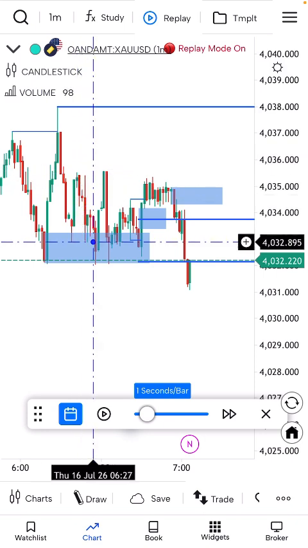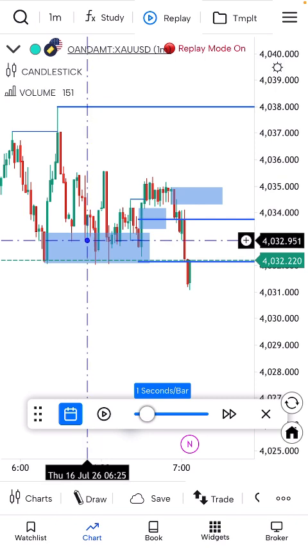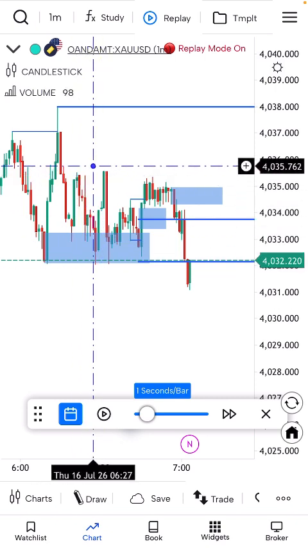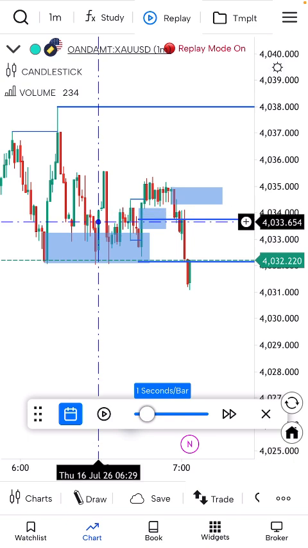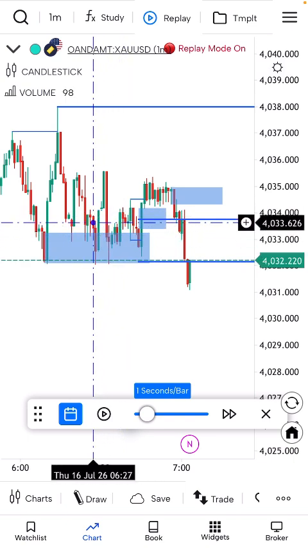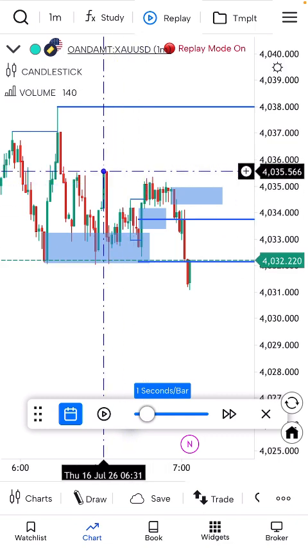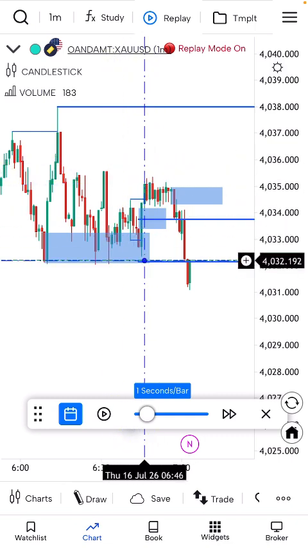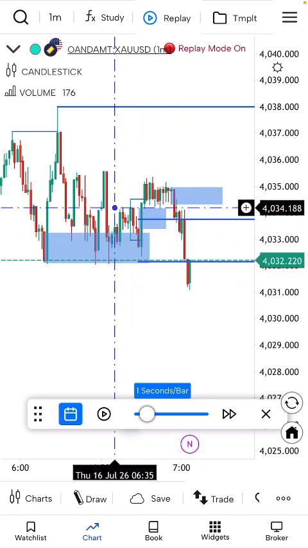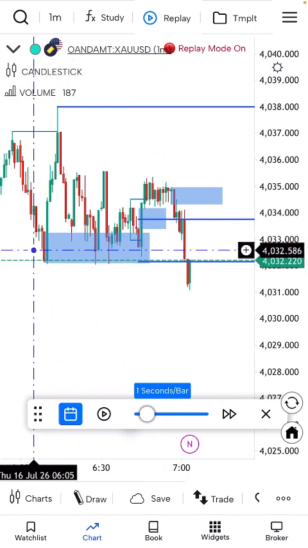Price pushed back into it, wick down, swept this low, pushed up, but there was no displacement here, and there was also no follow-up, because when it came back to this little order block that it created here, it pushed up but didn't create a close above there, came back down, the point of my trade, boom, then it didn't work out.